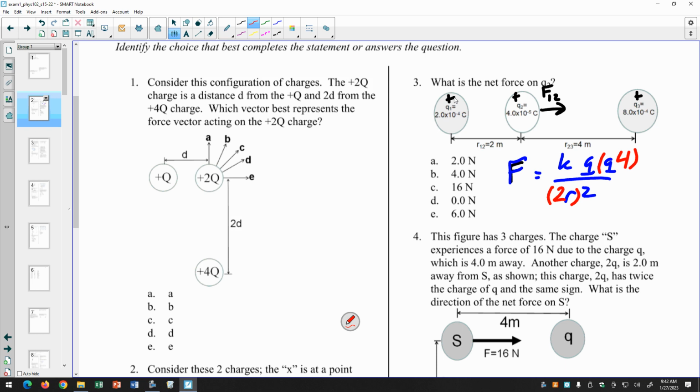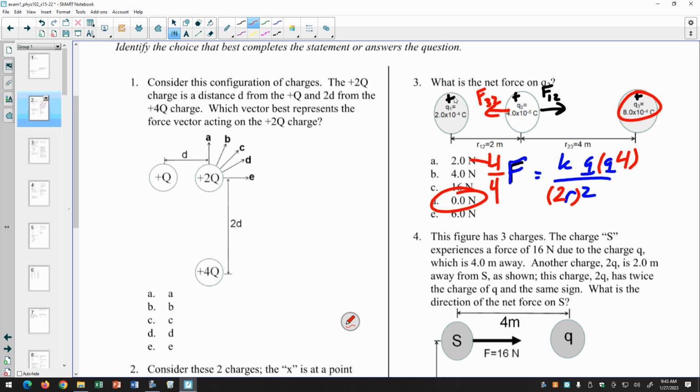So I've doubled that distance. So the force that's due to this charge is going to be a factor of 4 over 4 times. That means that force is going to be equal to F12. That is, F32 will be equal to F12, and so the answer here is 0.